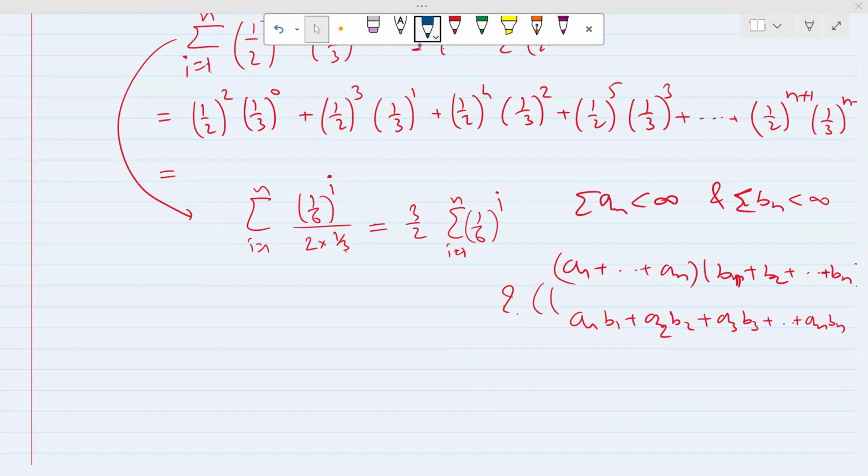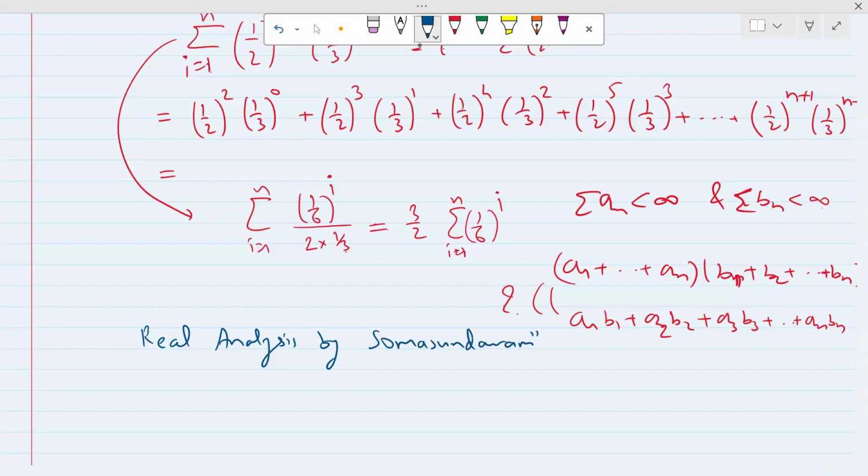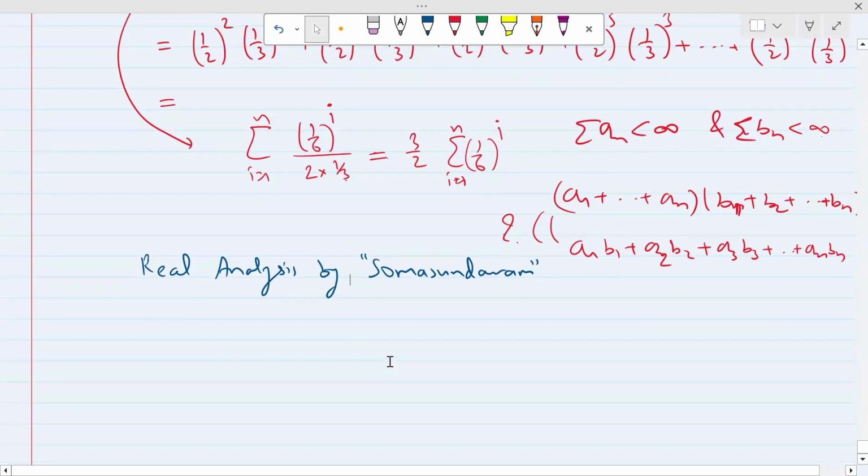So there is one good book, Real Analysis by Somasundaram. This book has plenty of solved problems on almost all topics belonging to real analysis.